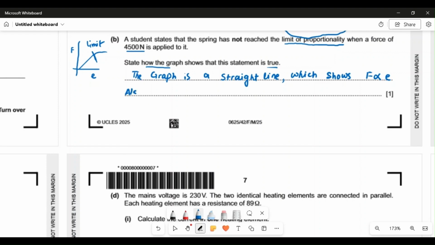Also, the gradient of the graph, that was force over extension, is constant. So this is the proof that this graph doesn't reach the limit of proportionality.